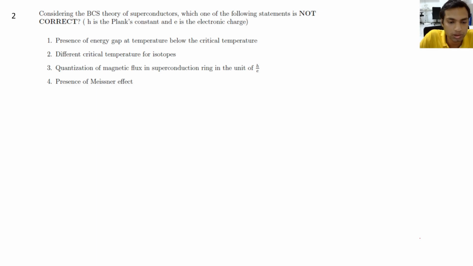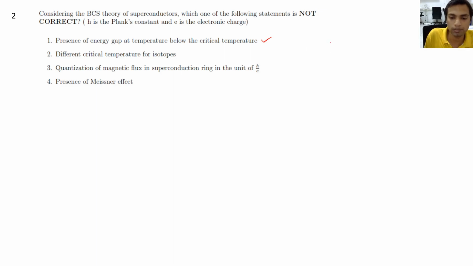Considering the BCS theory of superconductors, which of the following statements is not correct? Let us see: the presence of energy gap at temperature below the critical temperature. This statement is correct. Why?